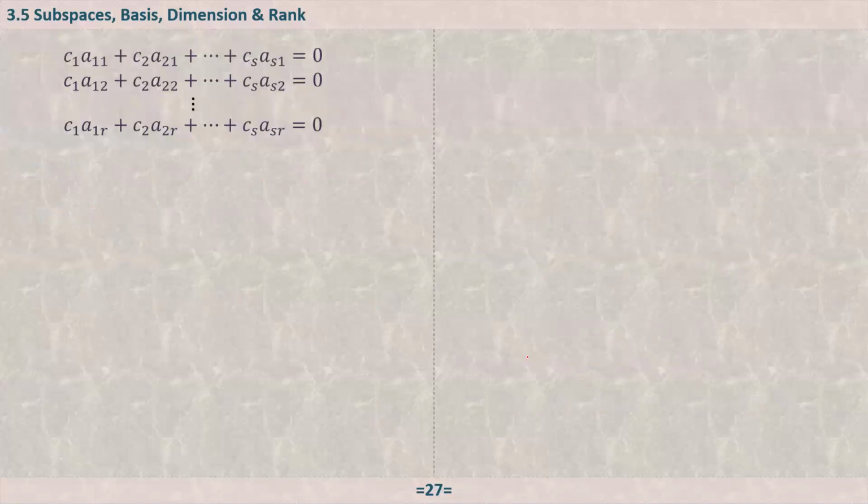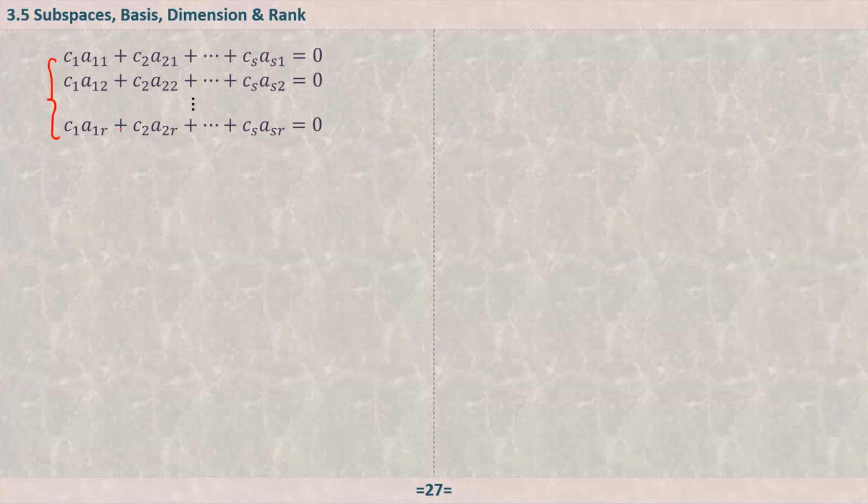That means that if I form the system, these are the coefficients: this is the coefficient of U1, the second row is the coefficient of U2, that's equal to 0, and the last one, that's the coefficient of UR, that's equal to 0. And what we have here is a homogeneous system of how many equations?